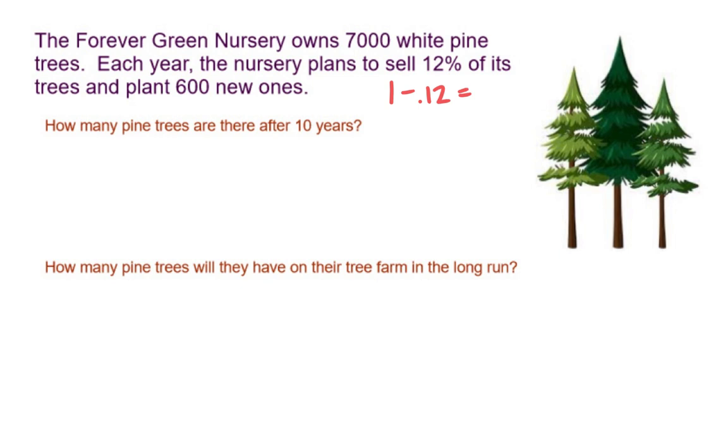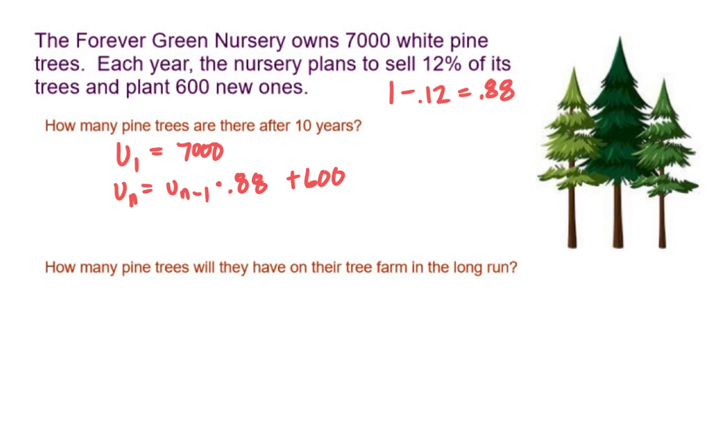So we're going to subtract off 12% to figure out our multiplier. So our equation is, all right, maybe I'll put a 1 here to say for first year, we had 7,000 trees. And first idea here is, well, we're going to multiply by 0.88 because we're going to lose some trees. But then we're going to add 600 more.